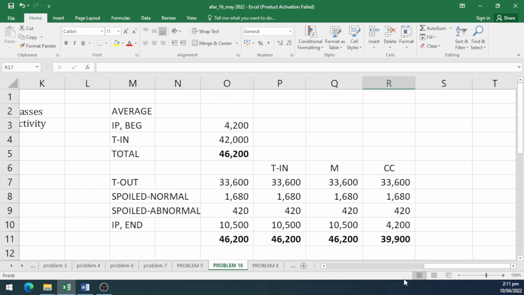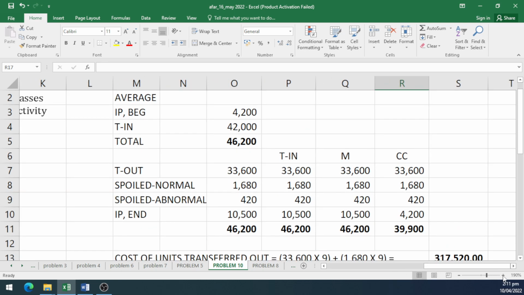So, ito po. 4,200 plus 42,000, that's 46,200 total units in the process. Ang transferred out ay 33,600. Yung 2,100 na spoiled consist of normal, 1,680, kaya 420 ay abnormal.